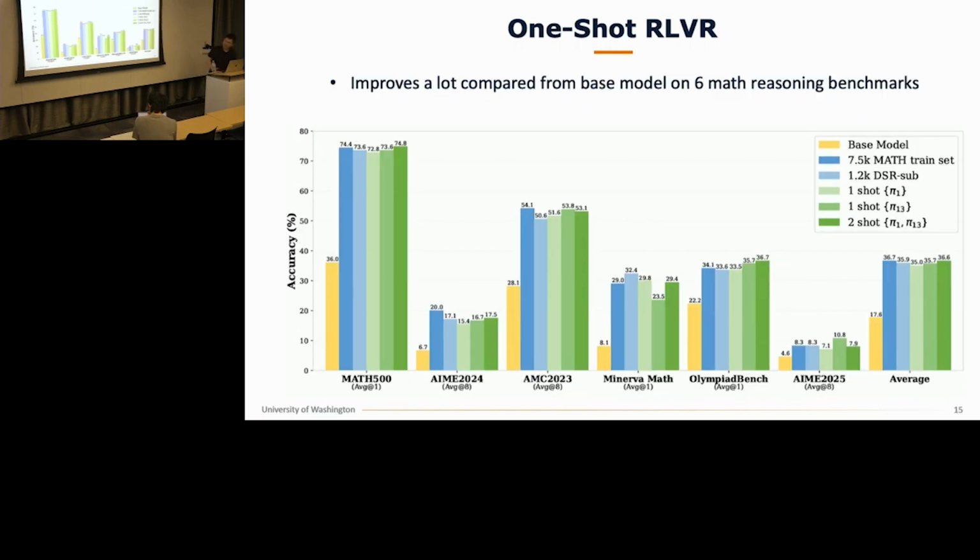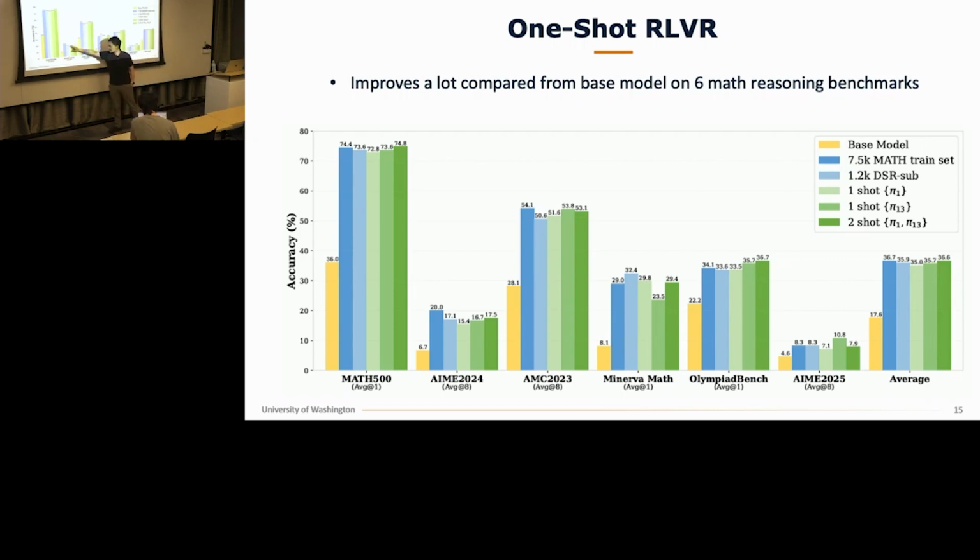Here are some more detailed results for all these benchmarks, the 6 benchmarks on average. For Math 500, all of them are pretty similar. By the way, this yellow one is the base model without any reinforcement training. For AIME, which you can arguably say is harder because these are math competition problems, there's still some gap.